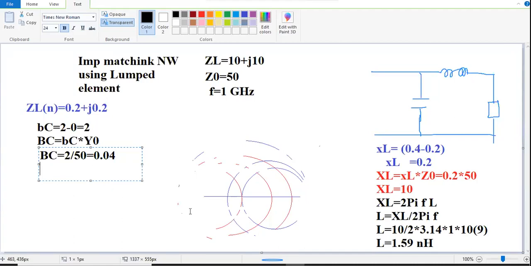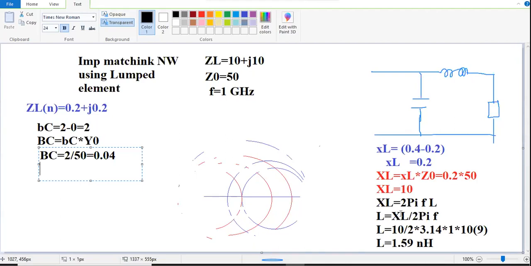Now we want the relation between BC and your capacitance. So any formula for the relation between BC and capacitance? Similar on this line. What we do?